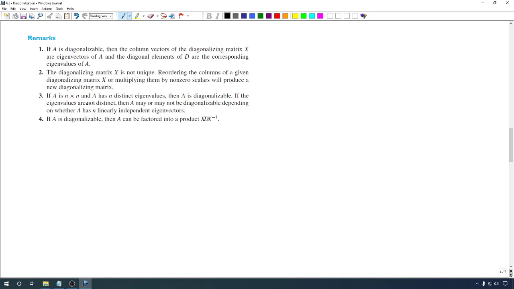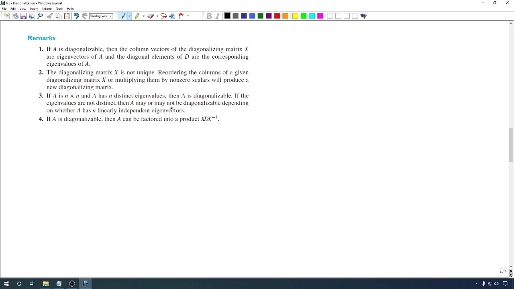The third one here says that if A, an n by n matrix, has n different eigenvalues, then remember our first theorem. Since all those eigenvalues have a non-zero eigenvector, and there are n different ones, each of those n eigenvectors are independent. And so, because of that, we have n different eigenvectors that are independent.